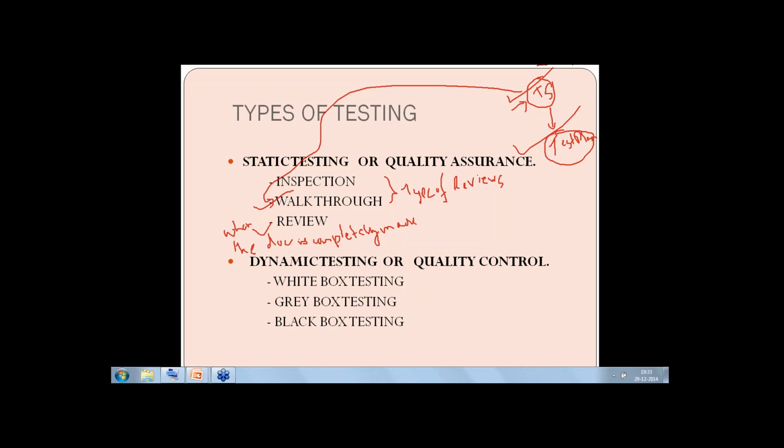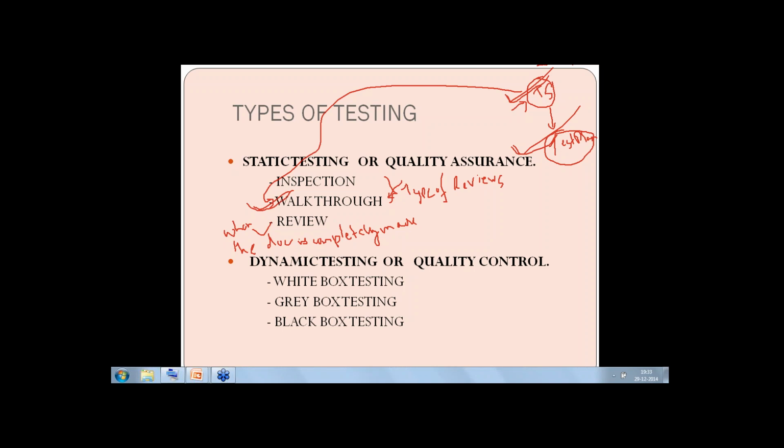So the basic difference is that when you have completely made the document, you go for a review process. When the particular document is under development, you can go for a walkthrough. A walkthrough can be conducted on a specific date and time, which is prefixed.